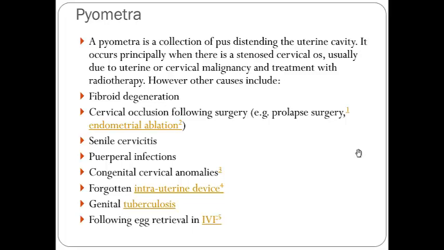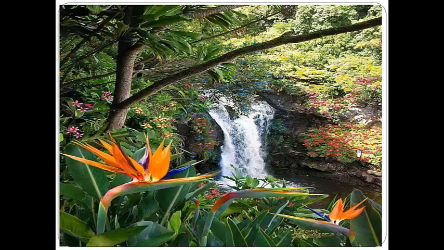Sometimes a patient, even postmenopausal, forgets her IUD, maybe she's diabetic or something, and pyometra occurs on top. Genital TB should also be put in the differential diagnosis, and any assisted reproduction can cause pyometra.